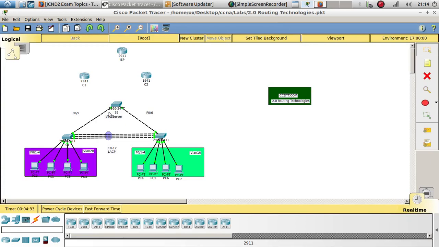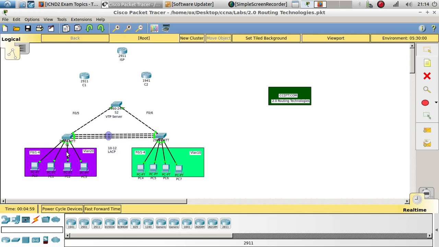We also configured VTP server and VTP clients, configured trunk links, and added VLANs to them. We also created some VLANs, VLAN 20 and VLAN 10, and made FastEthernet 1 through 4 access ports, enabled PortFast, and also BPDU Guard. I did the same on this side.